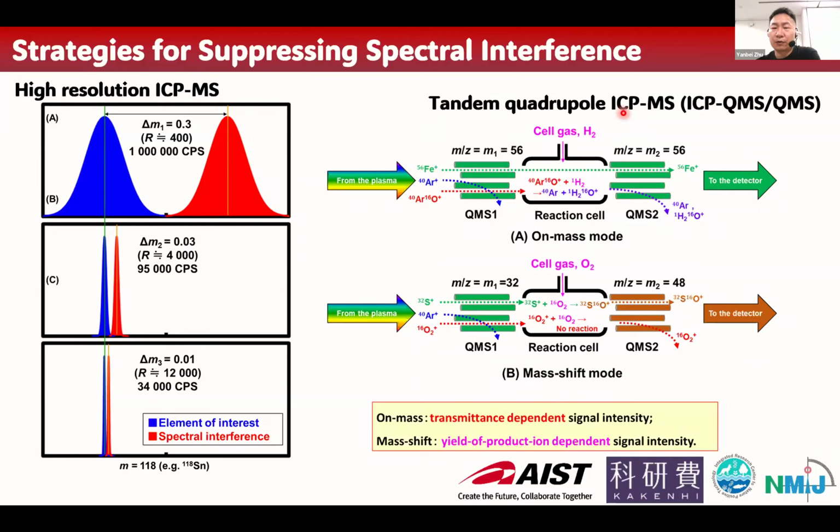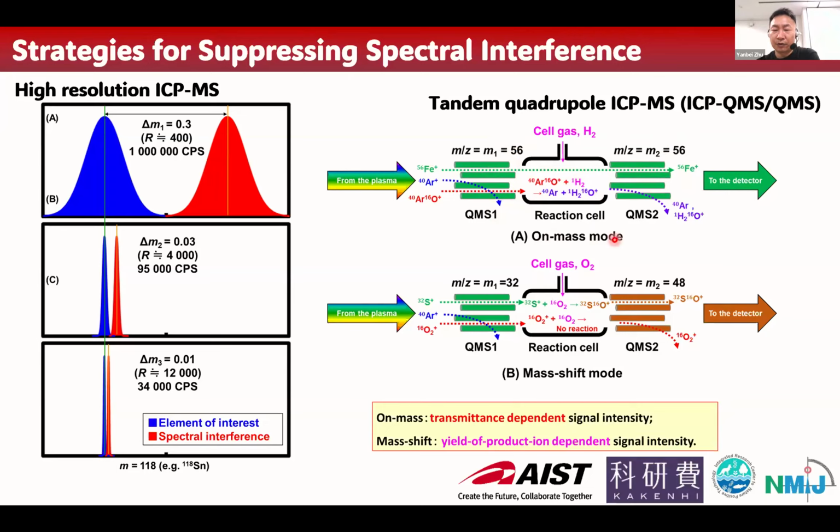The recent availability of tandem quadrupole ICP-MS, also called ICP-QMS here, has two quadrupoles, first and second, sandwiching the reaction cell. It can measure one element by setting both quadrupoles to the same mass to charge ratio, for example, 56 for iron.